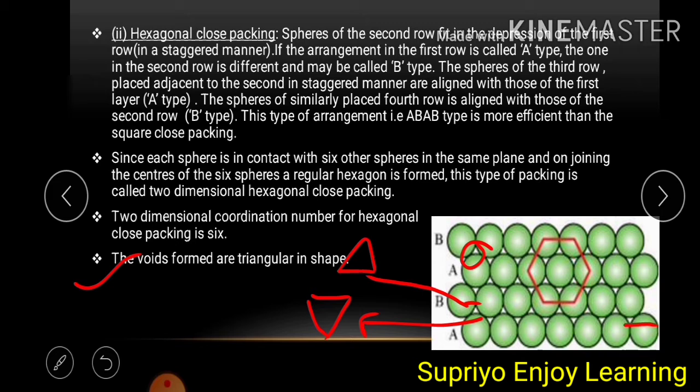Again see, in the third layer, the void apex is downward. Fourth layer, void is upward. So the triangular shaped voids differ in different layers. In some cases, apex is downward, in other cases, apex is upward.